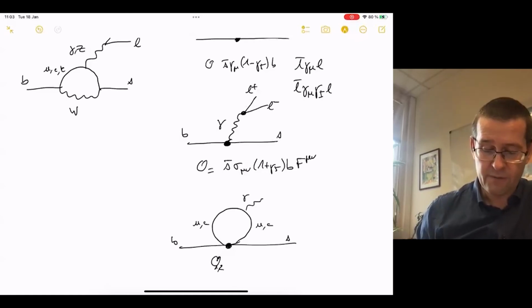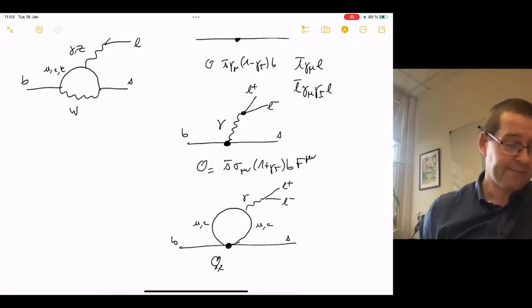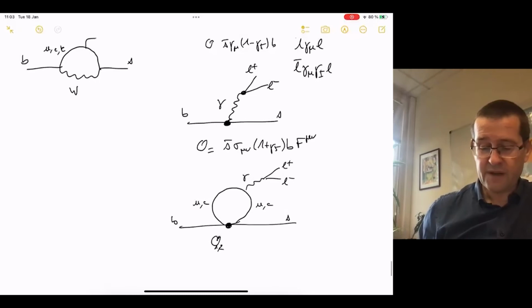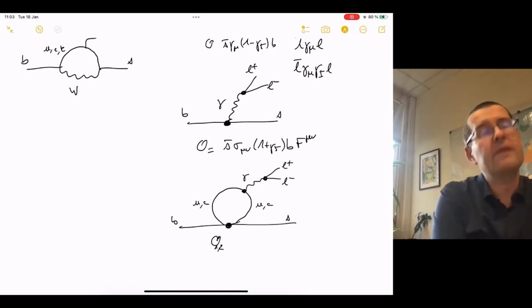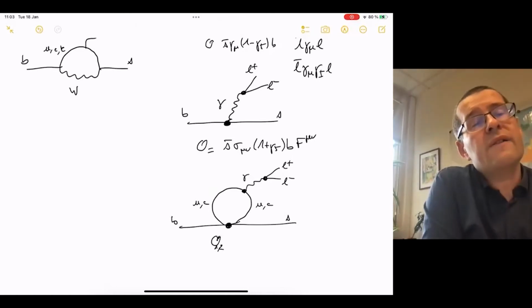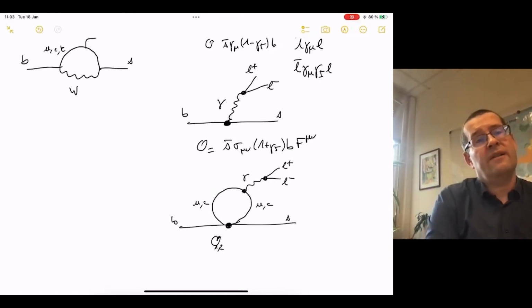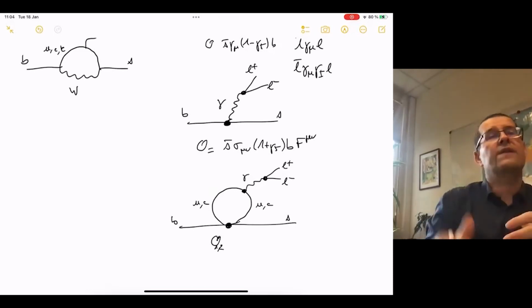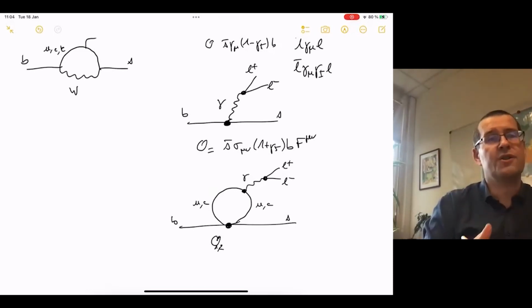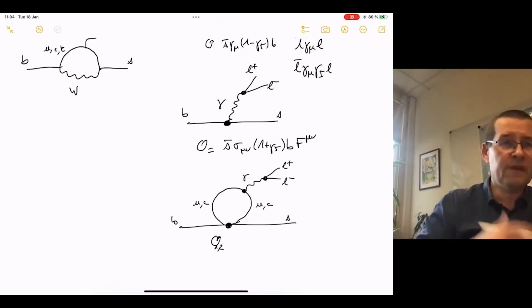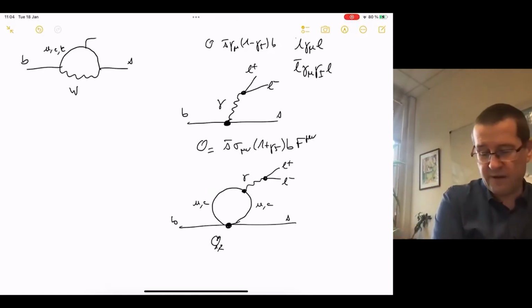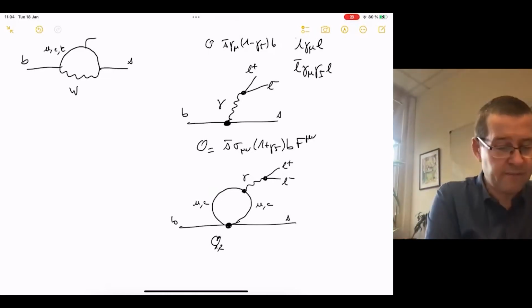And then you close the loop and L plus and minus. And so that means that here you will have something which is even worse, or at least even less simple, because you have to take into account not only a short distance part, but also a long distance part, which is made of the propagation of a quark loop, then a photon, and then the decay into L plus L minus.